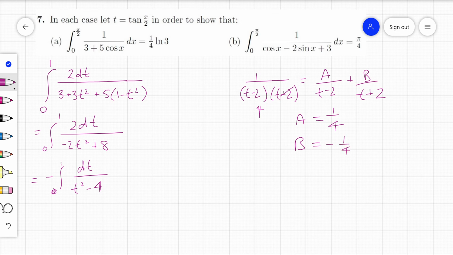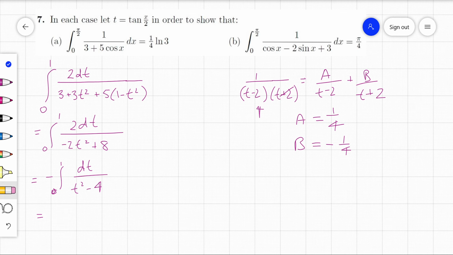For B, if I cover up the t plus 2 and sub in t equals minus 2, I get negative a quarter. So straight away you can see that they've both got a quarter in them, so I can pull out the 1/4 here. At the moment it's got a negative, and that might just confuse things.